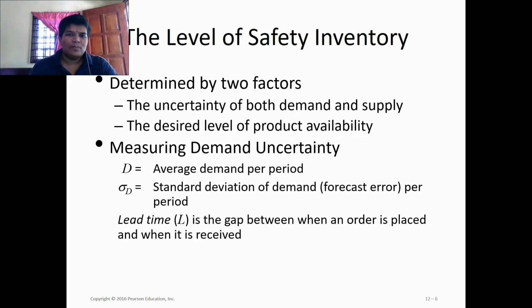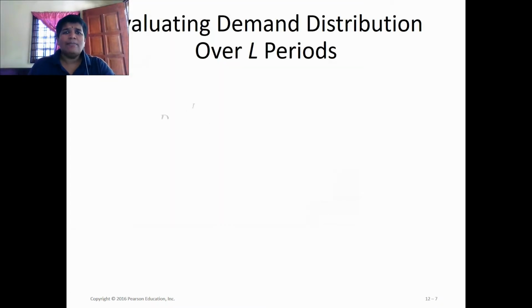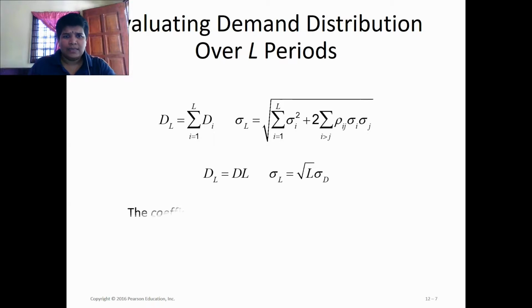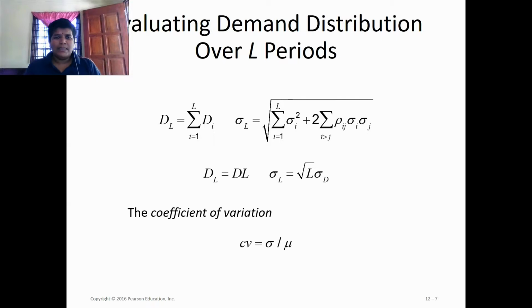Measuring demand uncertainty: D is normally the average demand per period, and there is the standard deviation of demand per period. Then you will have L, lead time, which is the gap between when an order is placed and when it's received. That is lead time. So you will be looking at the demand distribution over L periods. These are the given formulas.